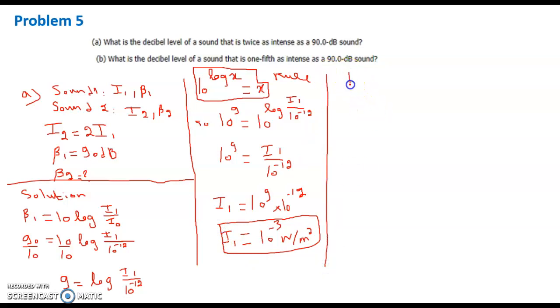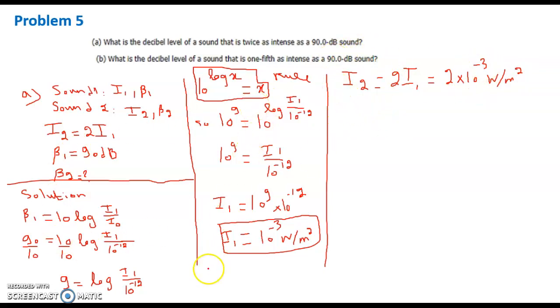So I2 is equal to 2 I1, which is 2 times 10 power minus 3 watt per meter squared. Right, now that I have I2, I can find beta 2.